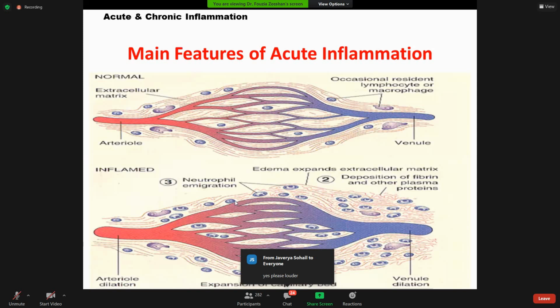But in an inflamed area, the neutrophils and leukocytes emerge out of the vessels and enter the extravascular space, and it initiates edema. So it all causes a swelling. This is how inflammation starts.